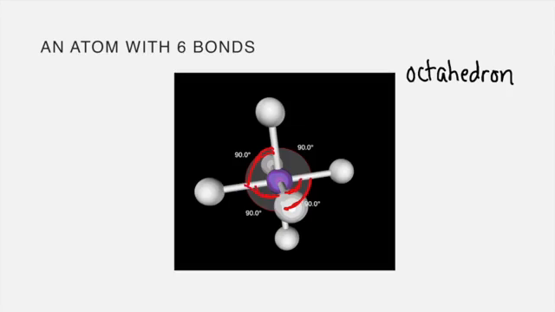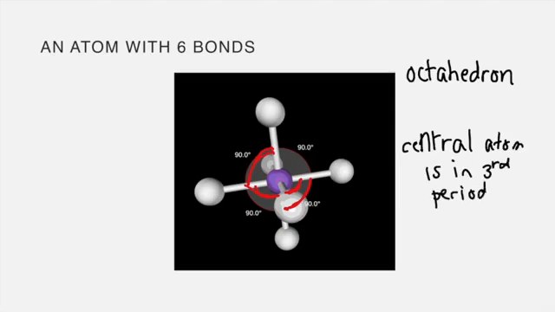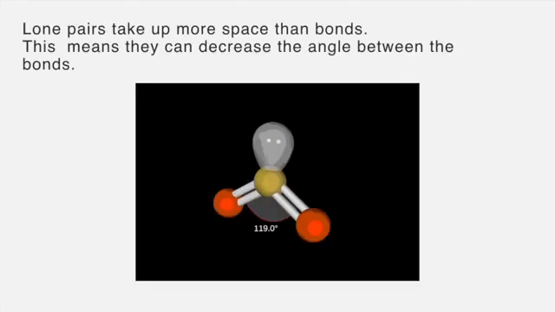This bond angle is 90. It's an extremely symmetrical shape. And again, it's only possible if the central atom is in the 3rd period or lower. Okay, so those are the main shapes.